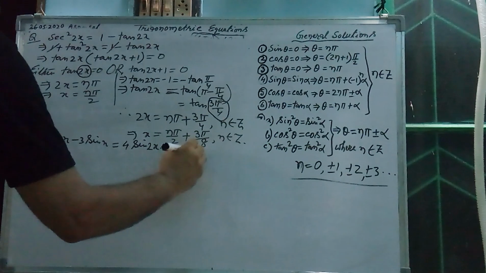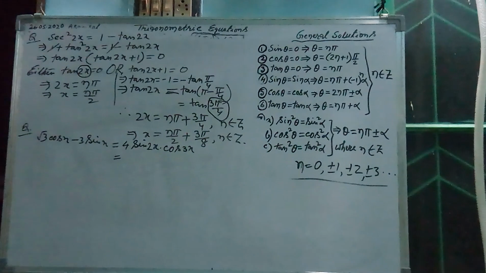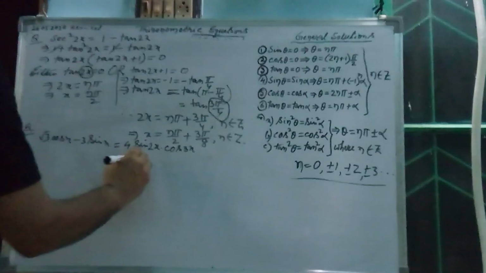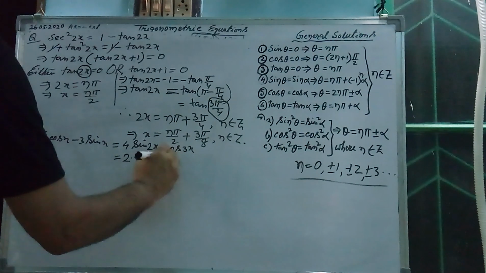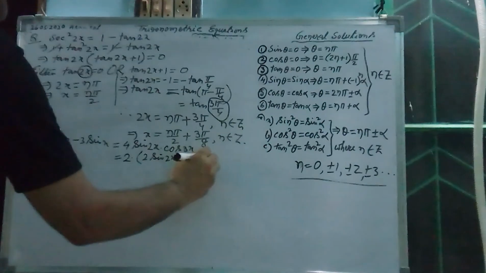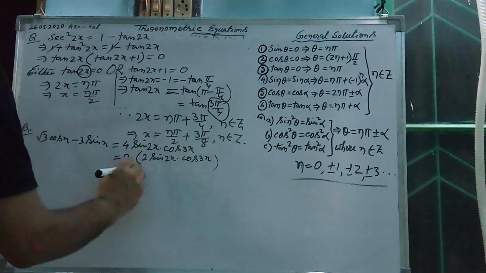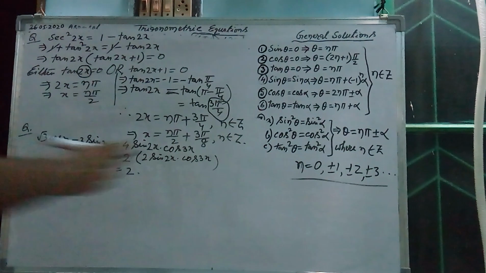This can be written as 2 into, within bracket, 2 sin 2x cos 3x, which is 2 into 2 sin 2x cos 3x, or 2 cos 3x sin 2x.